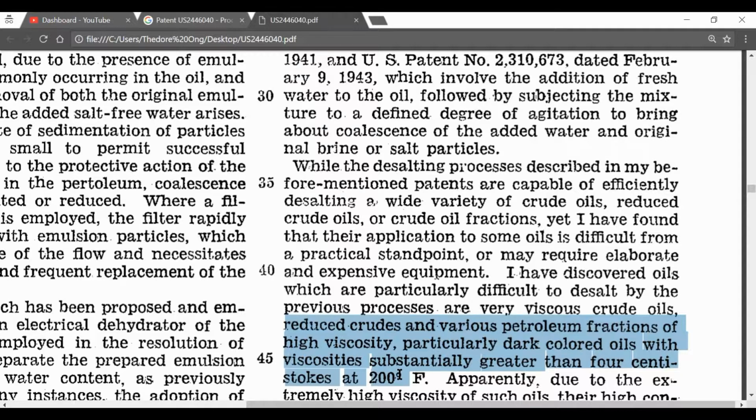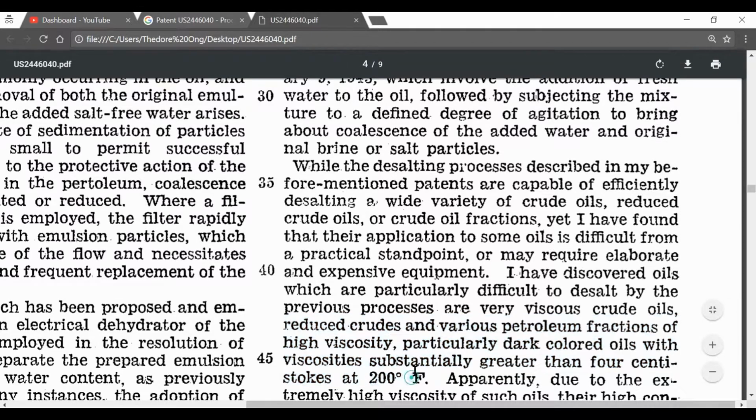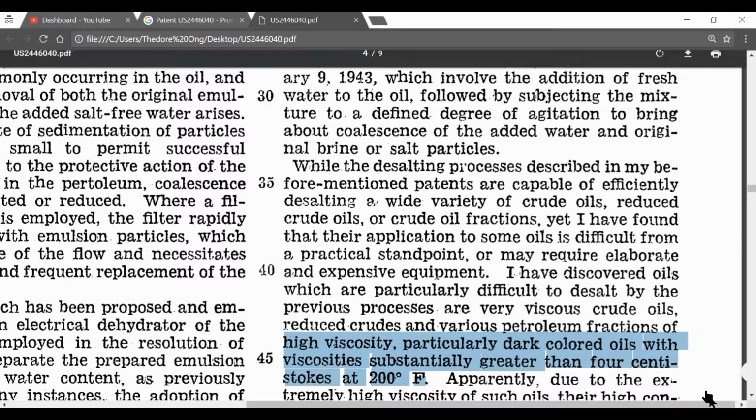Refer to the ExxonMobil chart. 4 centistokes at 200 degrees F. So that's heavy gas oils and vacuum gas oils. The heavy gas oil and vacuum gas oil, which means the light vacuum gas oil and heavy vacuum gas oil, all fall into this category.